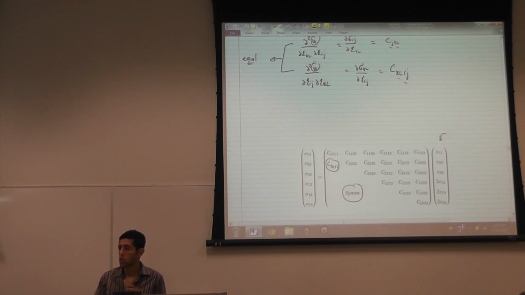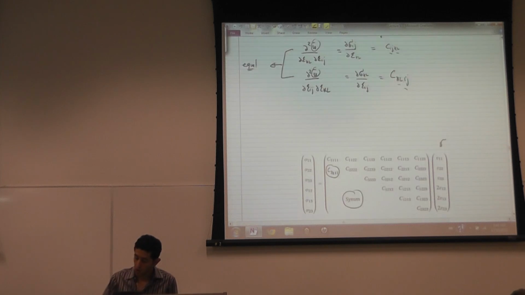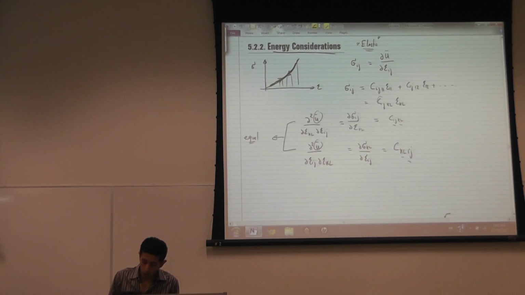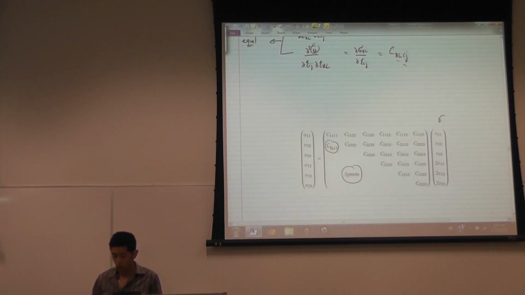Just to show that the stress can be derived from a potential, or only because this relationship has to be independent of the path, the existence of such a potential leads to this stress-strain matrix being symmetric. So this is symmetric because of elasticity.